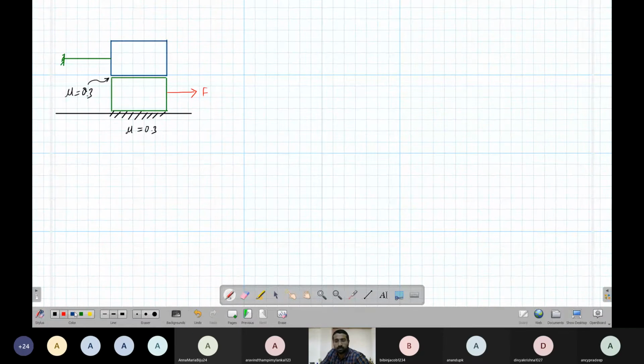This is having weight of 500 newtons. This is having weight of 300 newtons. Okay.